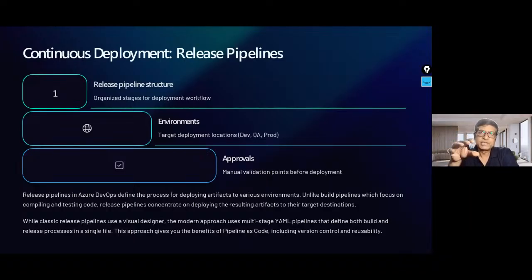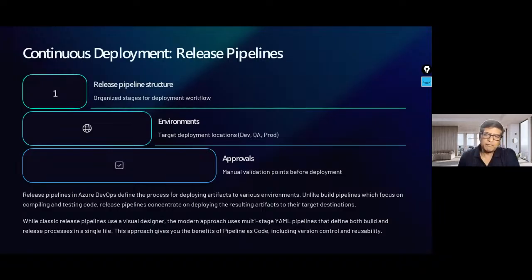And also you will say that on these trigger points or conditions, I would need to get an approval before I do this. For each exit gate, from this phase to that phase, I would need an approval from my project manager or from the client or from the test manager, all these things, manual validation. So you will send a mail, and unless and until that mail comes as an approval, you will not move into the next stage.